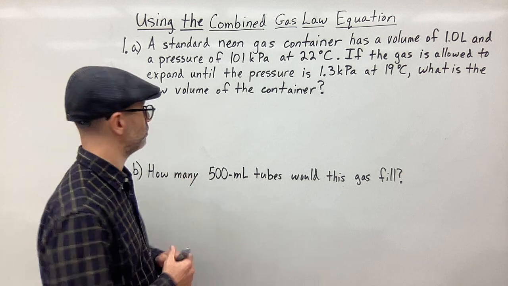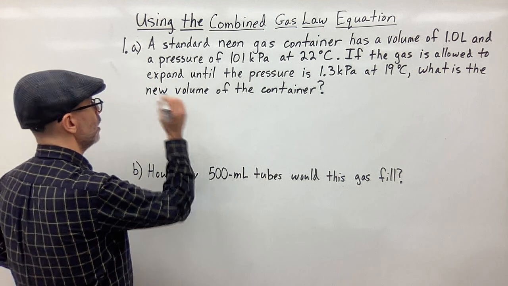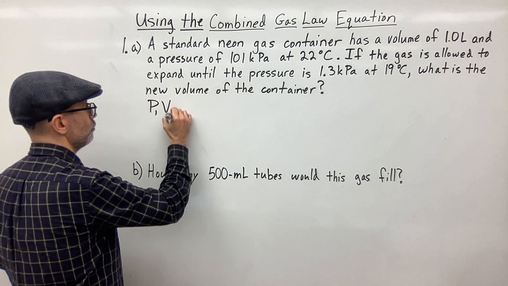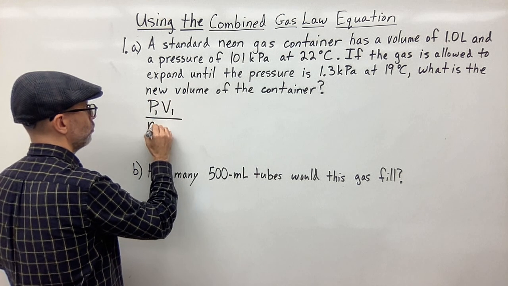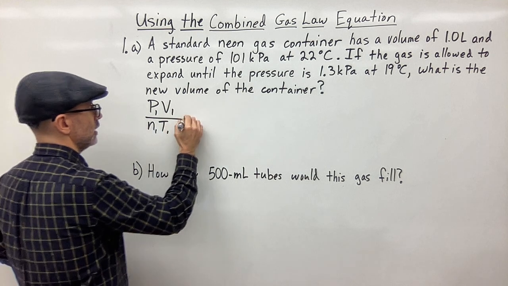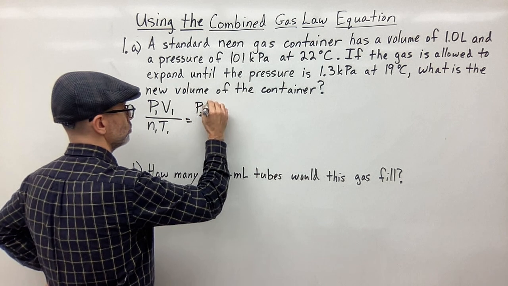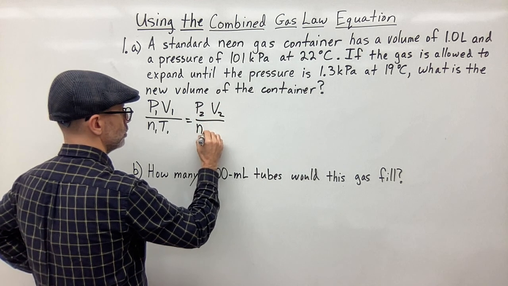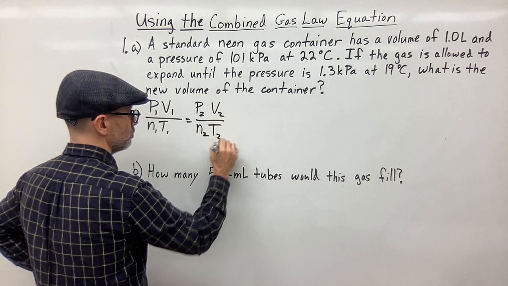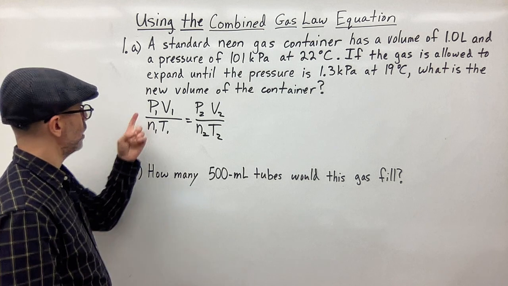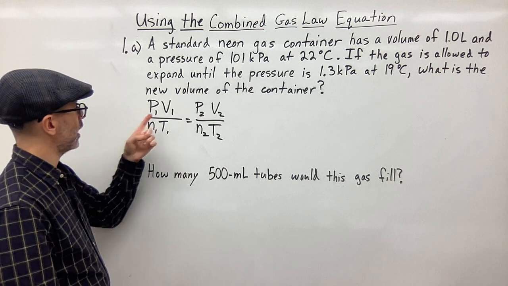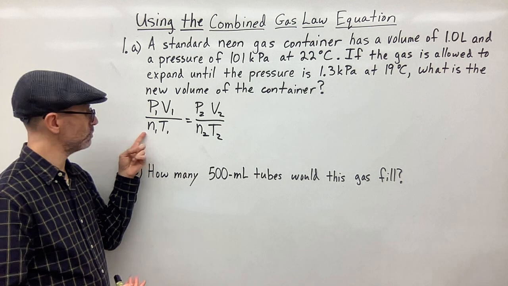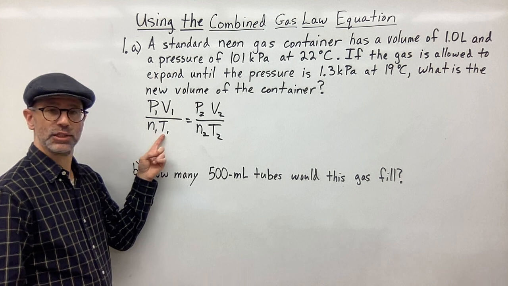So let's write that down. The combined gas law equation is P1 V1 over N1 T1 equal to P2 V2 over N2 T2. And so the P stands for pressure, and V is volume, N is the amount of gas in moles, and T is for temperature.